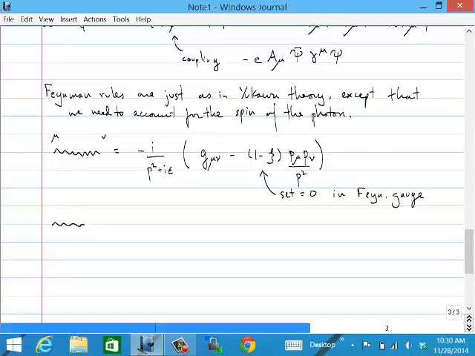So for every internal photon, and for every external photon, so this is some sort of incoming photon, this gives you a factor. If the photon has momentum p, then this gives you a factor of the polarization vector epsilon. This would be for some incoming photon.